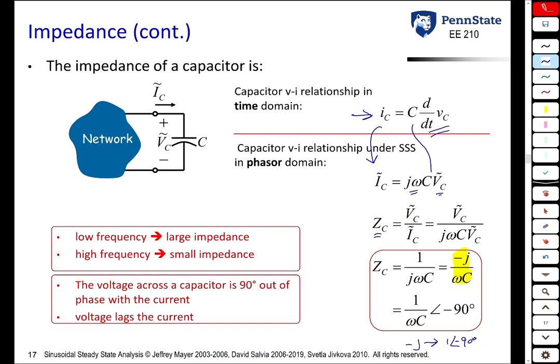So we see that the voltage-current relationship in a capacitor is the exact opposite of that for an inductor. The omega shows up in the denominator as well as the C.